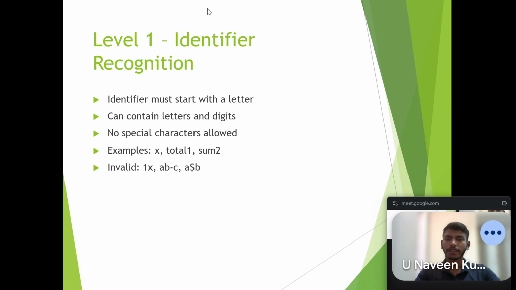Next point, it can contain letters and digits, meaning after the first letter digits are allowed, like total1, x2, and string12. No special characters are allowed, meaning symbols like at, minus, plus, and so on are not allowed.